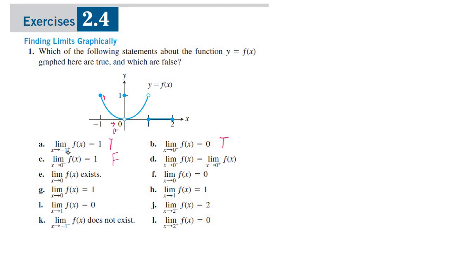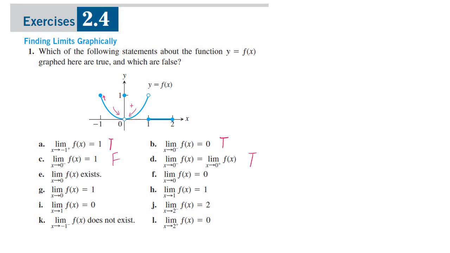Then let's look at this. x tending to 0 from the negative side is equal to x tending to 0 from the positive side. So if I clear these things, we see that x tending from the positive side to 0 and from the negative side to 0 goes to the same place. So this is true.